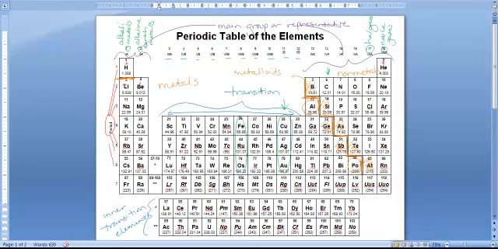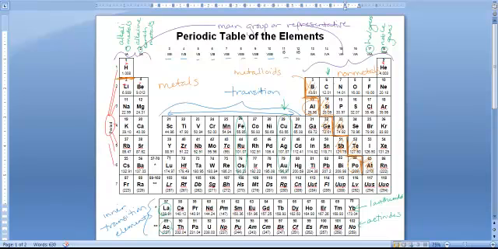We actually talk about rows, okay? And so the top row is called the lanthanides, okay, because they start with lanthanum. The bottom row is called the actinides because it starts with actinium, okay?